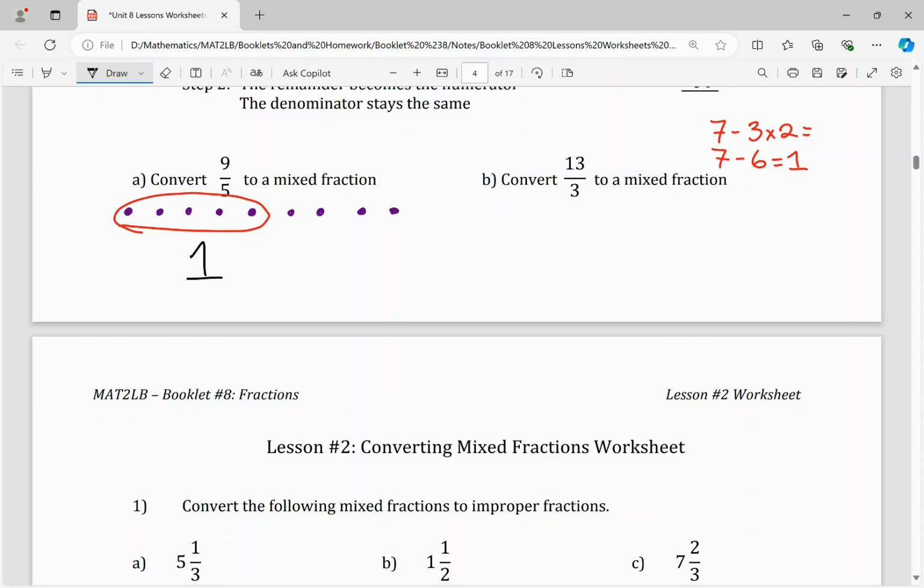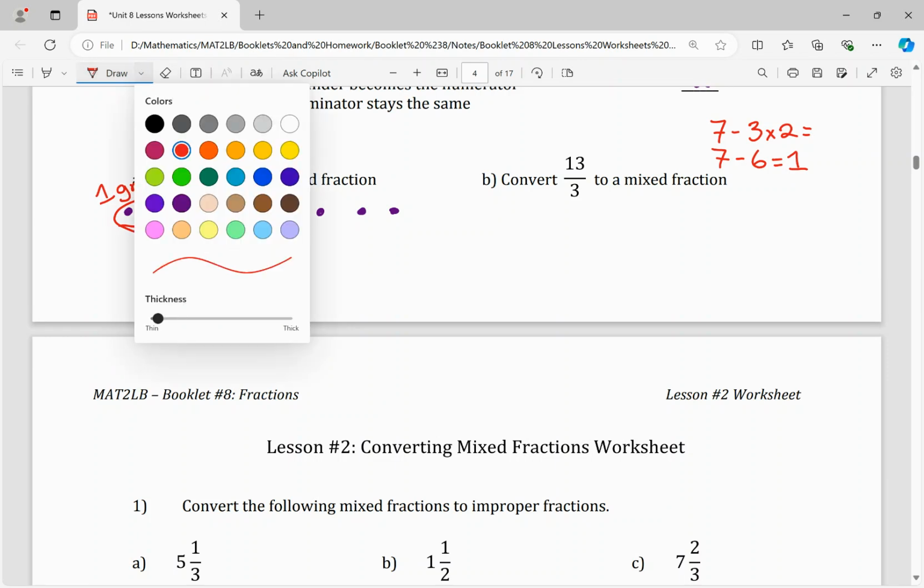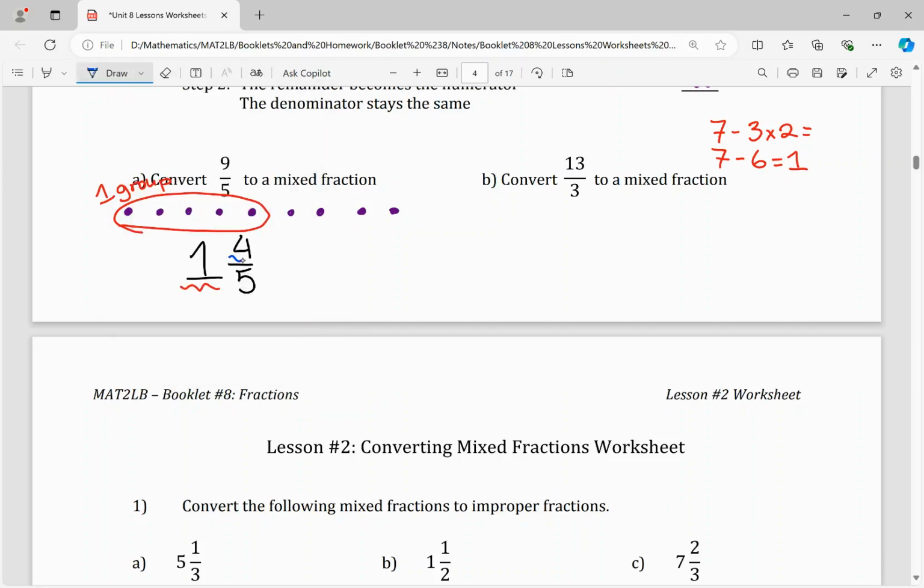And then what's left over is 4 dots. 4 dots out of what would have been a group of 5. So we get the 1 because we could only make one group. And we get the 4 because there was 4 left over.